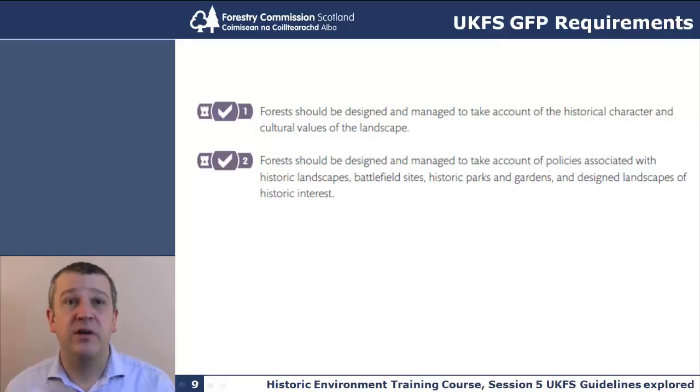Our second requirement draws in many of the non-statutory requirements we were missing from legal requirements, battlefields, designed landscapes, and requires again the double-barreled input in terms of design and management.